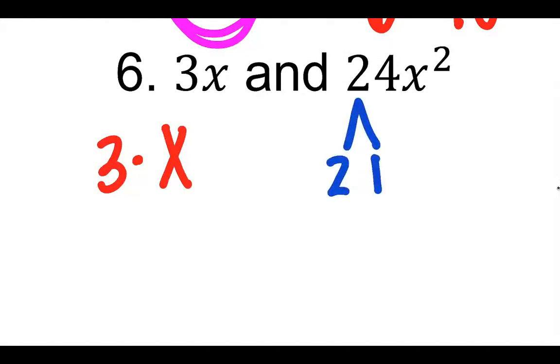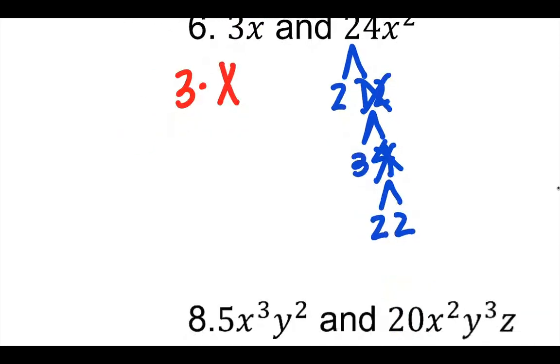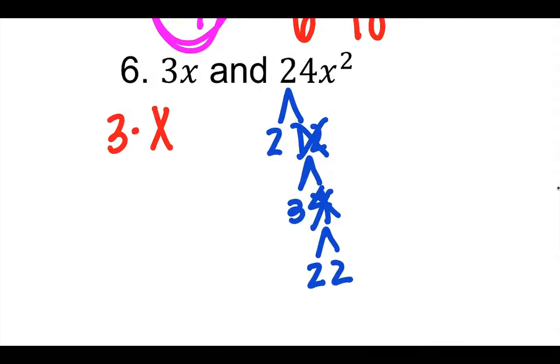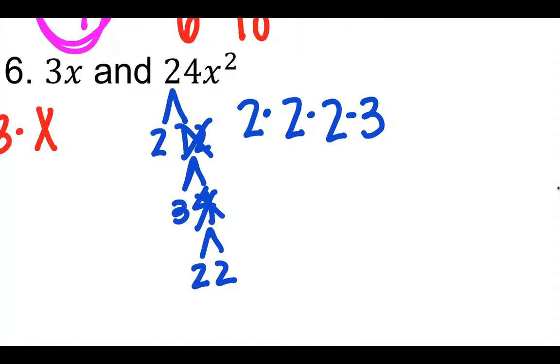So maybe 2 and 12, 3 and 4, and then 2 and 2. So if I were to write that one out, I would have 2 times 2 times 2 times 3. And then I also have 2 x's I'm multiplying by.